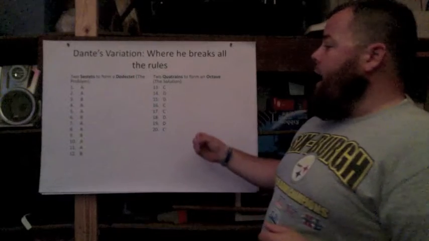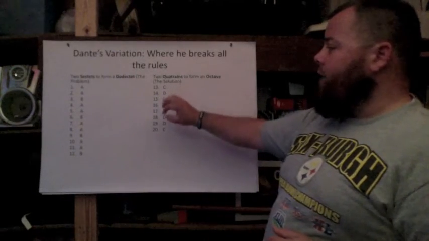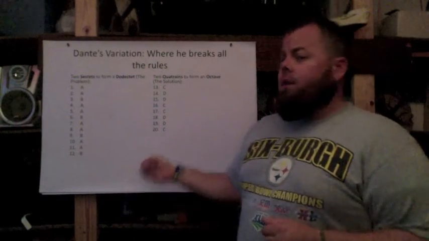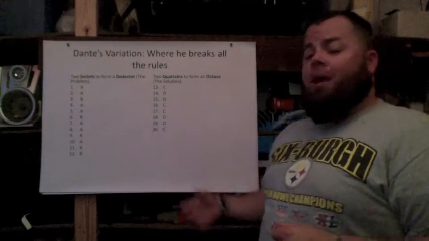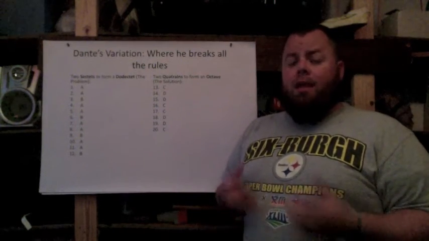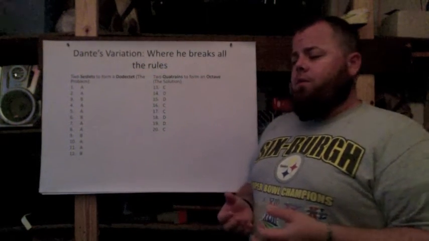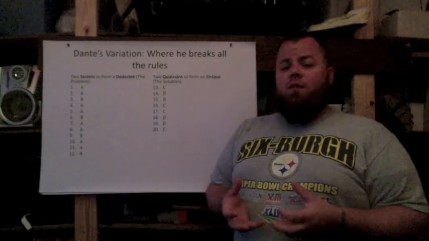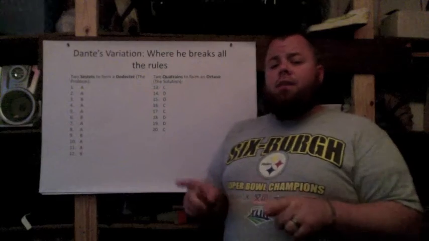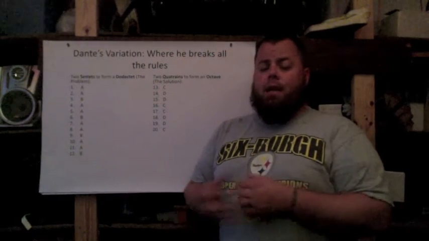If we look at what he does, he actually has two sets. These are closer to tercets, where it's going to be 4 tercets that make a dodectet. A dodectet is nothing more than 12 lines. It's also a musical term, an ensemble with 12 different pieces. So that's a word that exists in both literature and music.